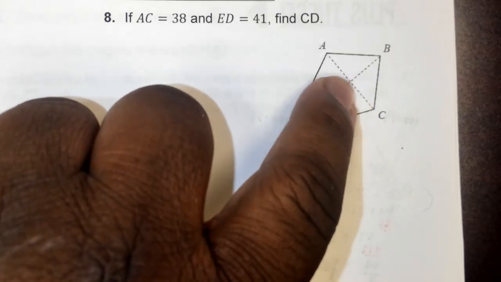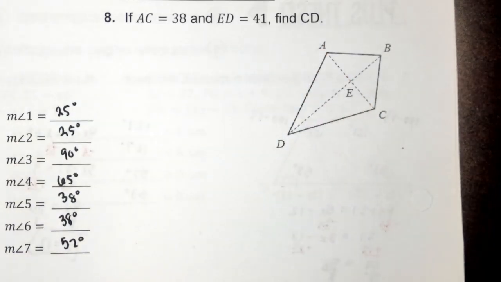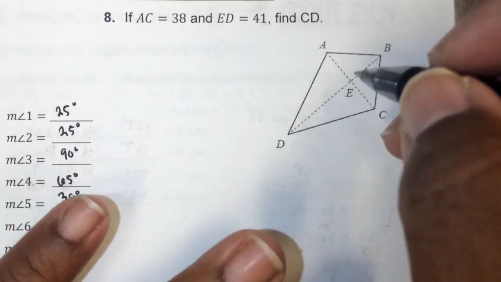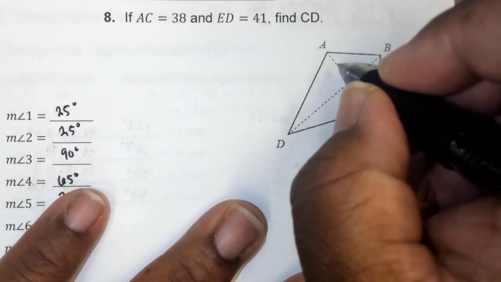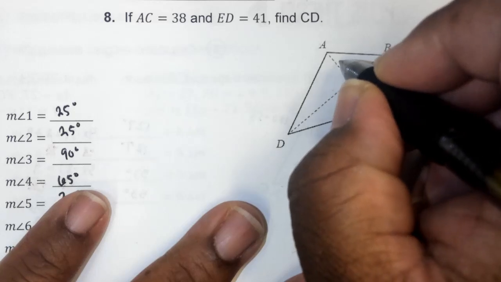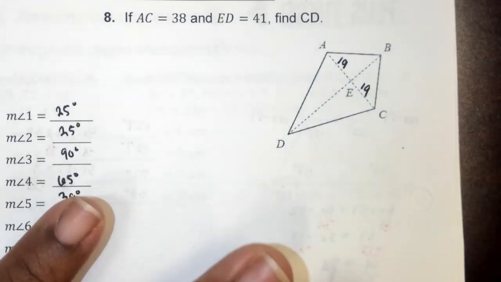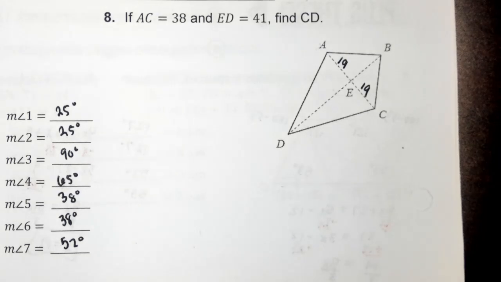Instead of writing 38, I'm going to do my splits because I'm going to have to split at some point anyway. What's half of 38? 19. So 19 and 19. So A to E is 19, E to C is 19.